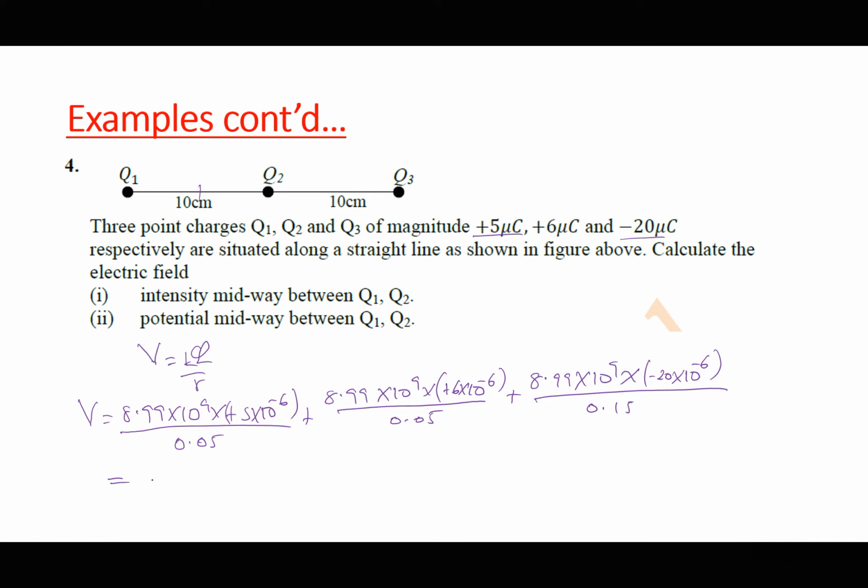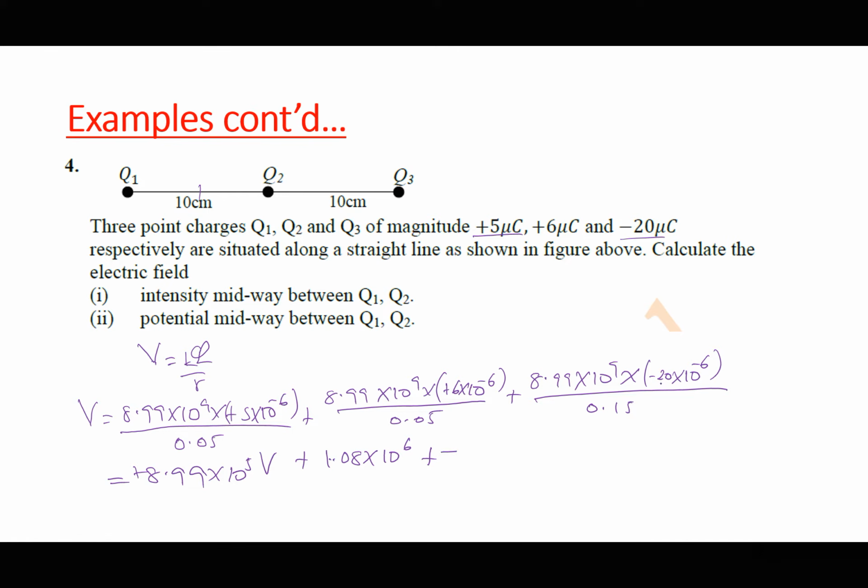Summing up this. This one is direct because the 5 cancels. So this is 8.99 positive times 10 power 5 volts plus, and this is positive. So this is plus 1.08 times 10 power 6, then plus the last one.